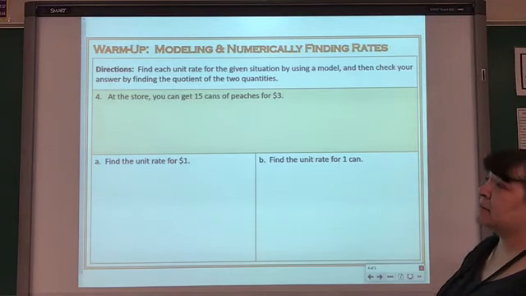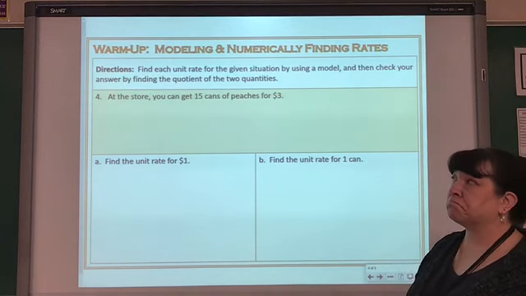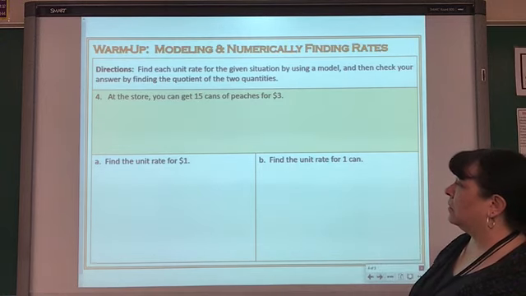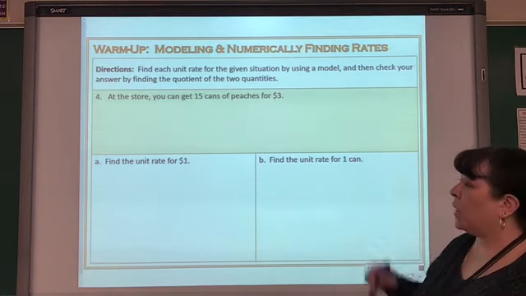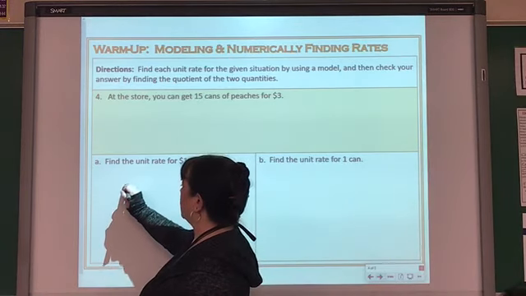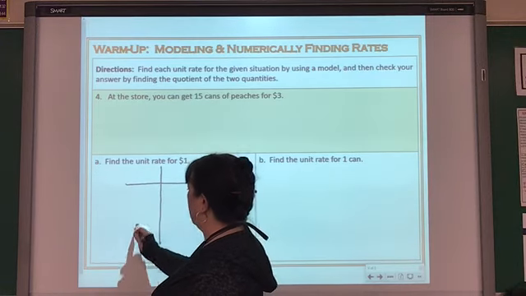It says at the store, you can get 15 cans of peaches for $3. All right. We want to find the unit rate for $1 and the unit rate for 1 can. When it gives us this specific, we remember that we want to have the 1 in our first column.